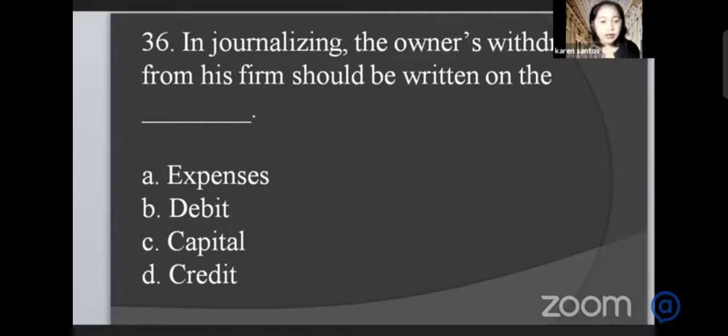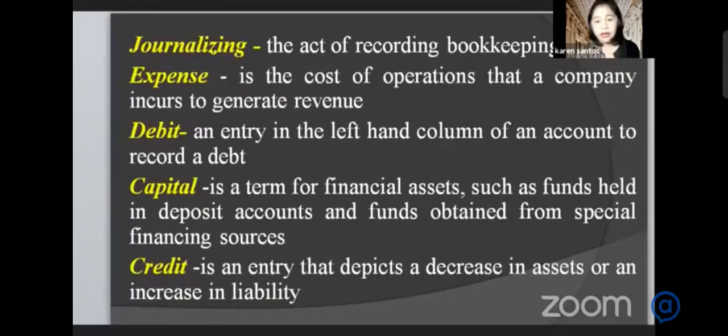Okay, so when we say journalizing, it is the act of recording bookkeeping entries. In your choices, we have the expense, which is the cost of the operation that a company incurs to generate revenue. We also have the capital, which is a term for financial assets, such as funds held in deposit accounts and funds obtained from special financing resources.